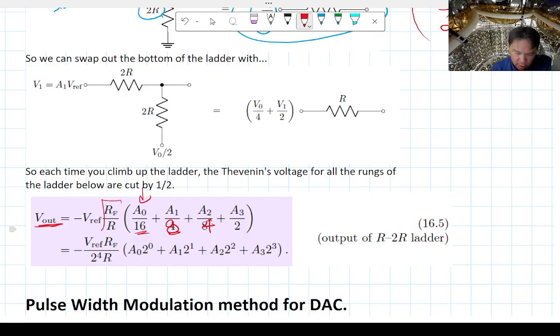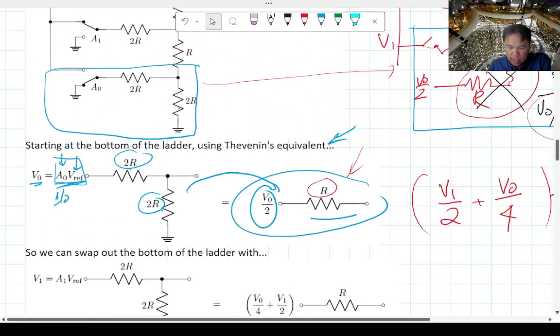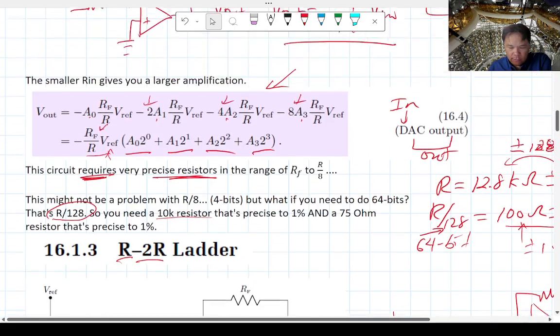And then you can pick your RF over R, whatever that is, times your reference voltage in order to figure out what the dynamic range of your analog output is, to get the analog value that you want out of your 4-bit conversion, your 8-bit, your 16-bit, or however many bits you want to do. All right, so that's how you do digital to analog conversions.